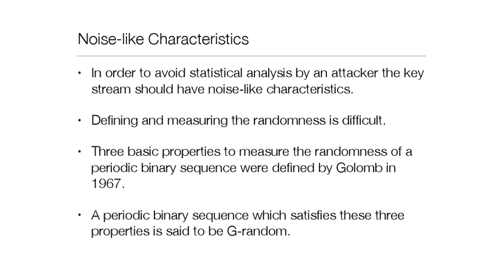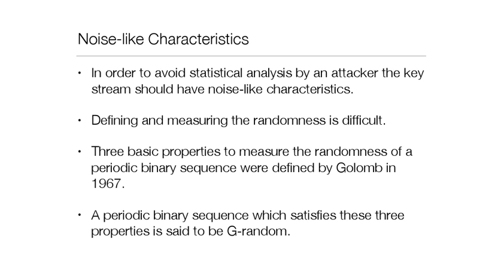So there are three basic properties to measure the randomness of a periodic binary sequence, which were defined by Golomb in 1967. Golomb is a mathematician who defined basic properties to measure randomness.